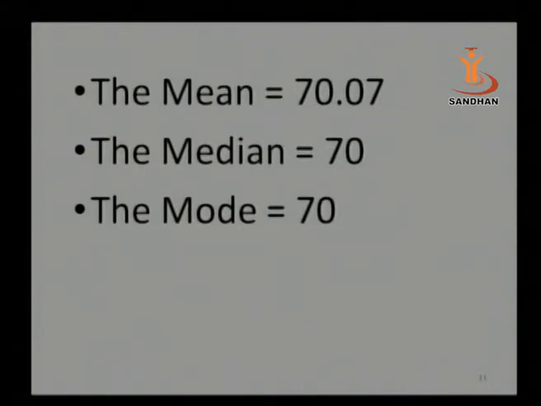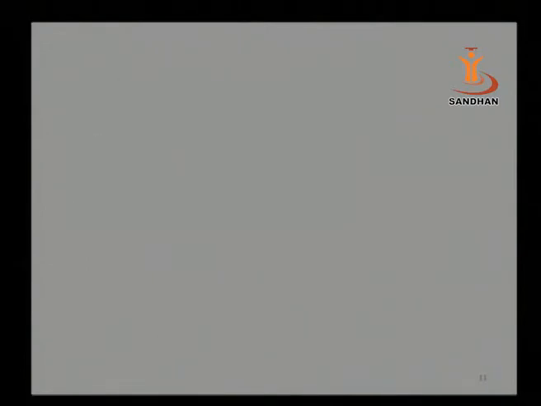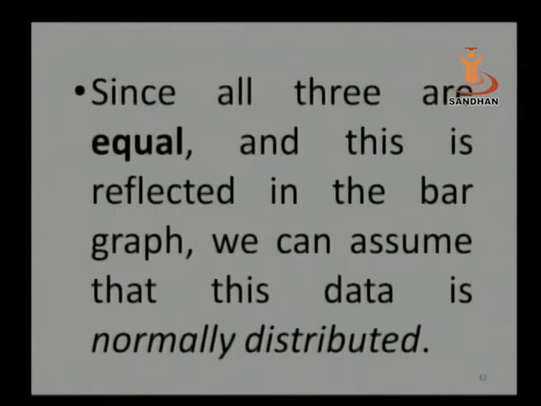So they are approximately the same, and it is quite enough to conclude that our data is following the normal distribution. Since all three are equal and this is reflected in the bar graph, we can assume that the data is normally distributed.